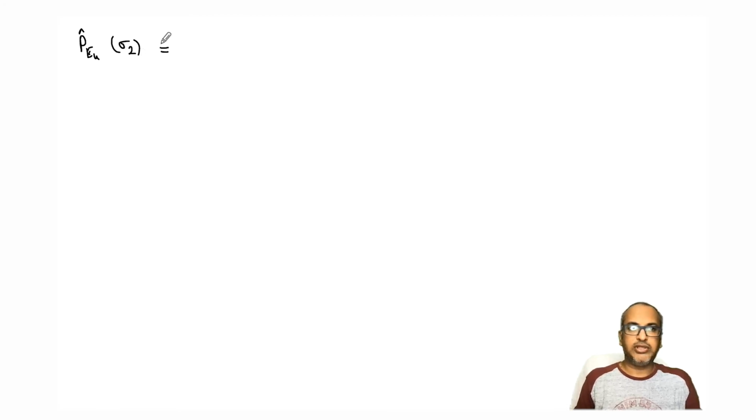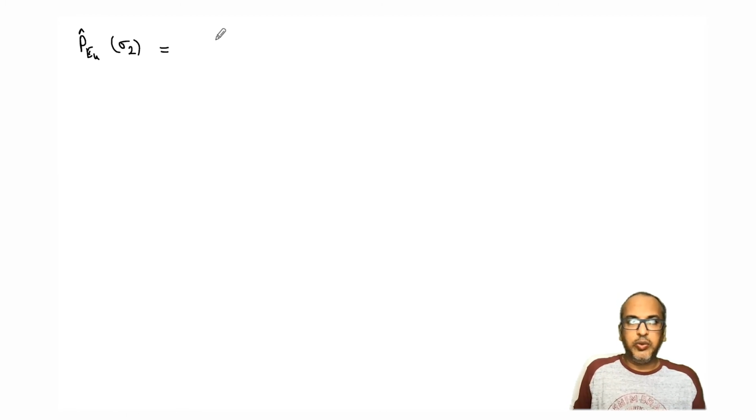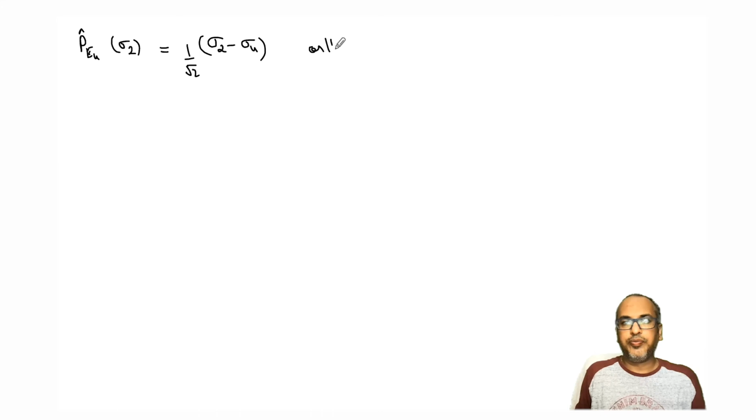the first linear combination which you got when you applied this on sigma 1. So when I do this, I do get a linear combination which is sigma 2 minus sigma 4, and I know that this is going to be orthogonal to the previous one, sigma 1 minus sigma 3.